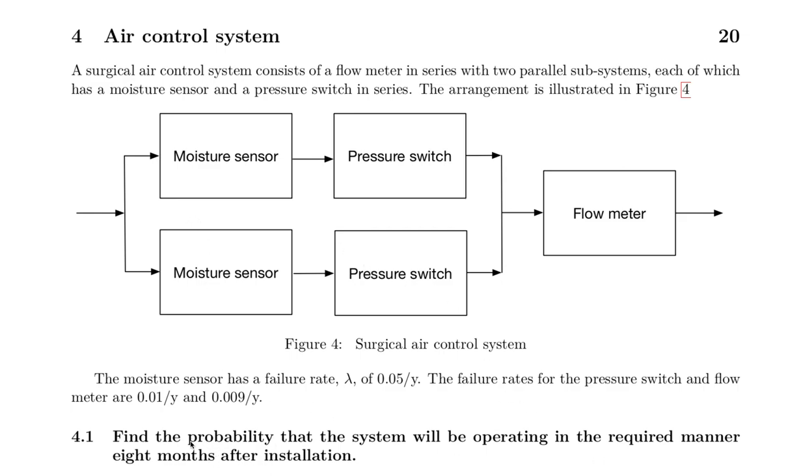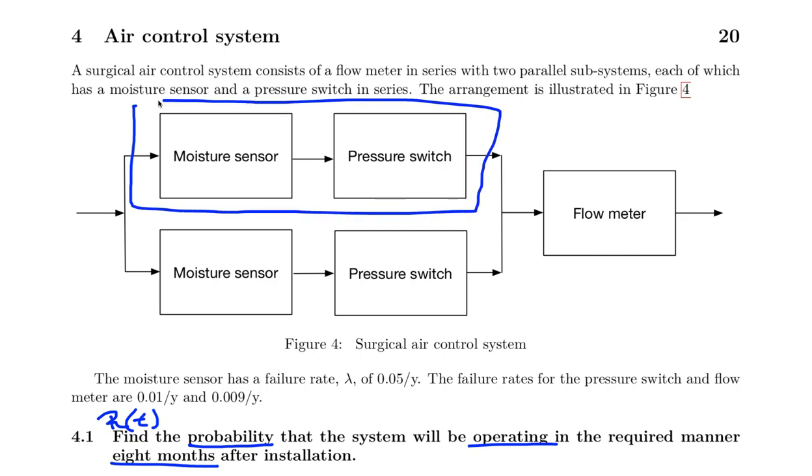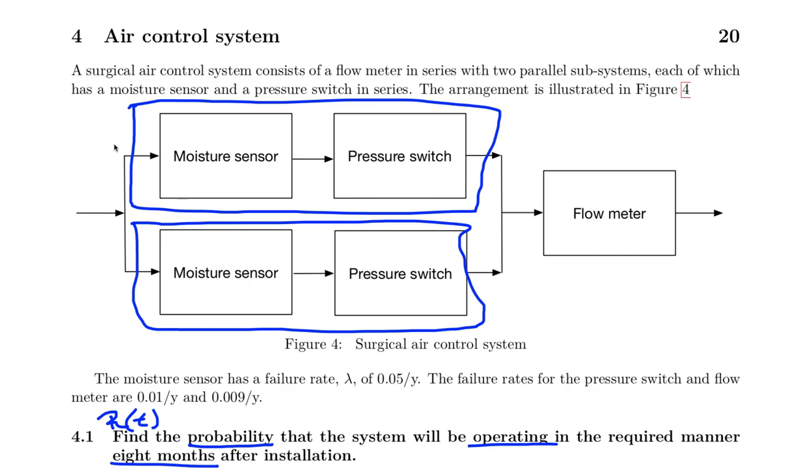So probability of operation. So that means reliability on certain time, which is 8 months. What you need to do is to solve the whole system to find the reliability. So, from series to parallel, we have one serial system here, another one here, and let's call it 1 and 2.